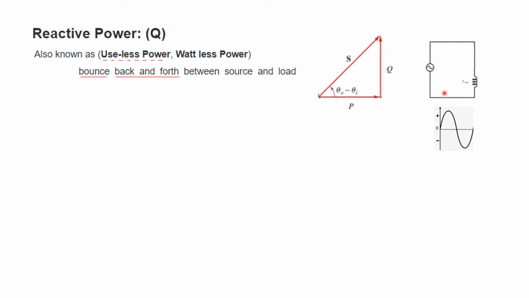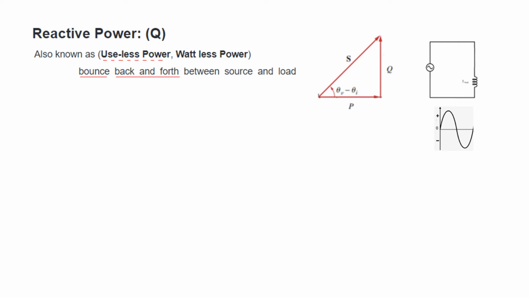So it will now flow like this, and the moment it crosses the third quadrant, the current will start flowing back. So we say the current bounces back and forth between the source and the load. Now, if we connect an energy meter or power meter, it will not be able to read any power because this is happening very fast, and you will not get a bill for this. We'll study that in the next video.